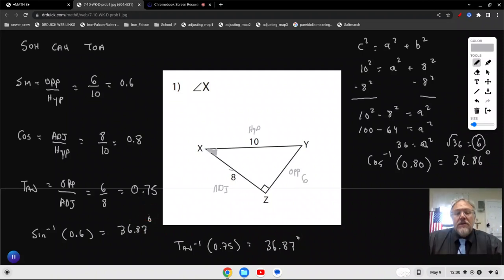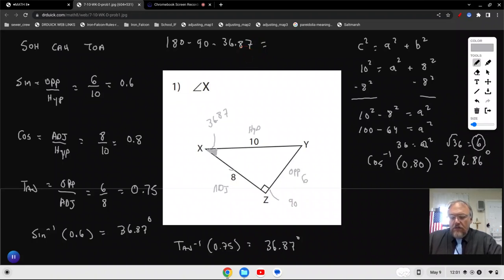They work on right triangles. You can actually determine what the other angle is going to be at this point. We know this is 90, and we know that this angle over here is 36.87. To find the other angle, all of them have to add up to 180. So we know that 180 minus 90 minus 36.87 is going to give me my third angle.